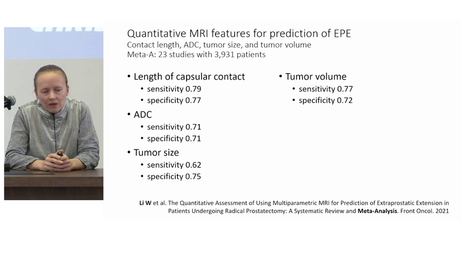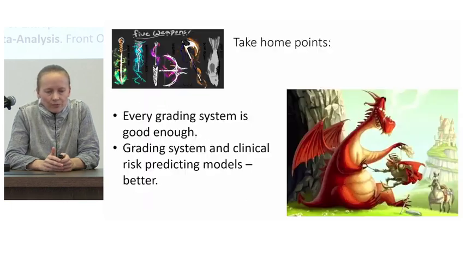Length of capsular contact, ADC, tumor size, and tumor volume showed moderate to high diagnostic performance for predicting EPE. However, the optimal cutoff threshold varied widely among studies and needs further investigation to establish. So the future will show us which direction we will move.